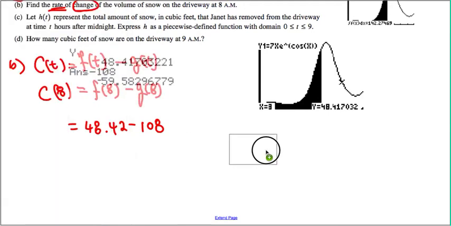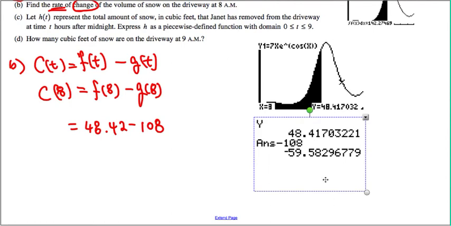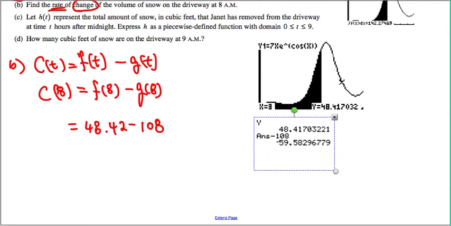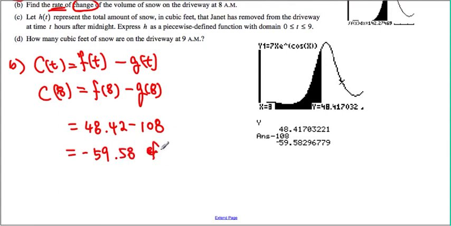So we make it smaller here, and that becomes negative 59.58 cubic feet per hour.